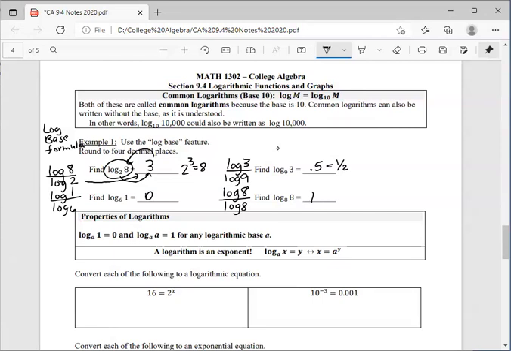Because that's what this means. It's just written in exponential form. This one is 6, skip over the 1, come back to it. So that would be 6 to the 0 is equal to 1. That's true because anything raised to 0 is 1. If I do this one, this would be 9, and I'm going to write the 1/2. So 9 to the 1/2 is equal to 3.